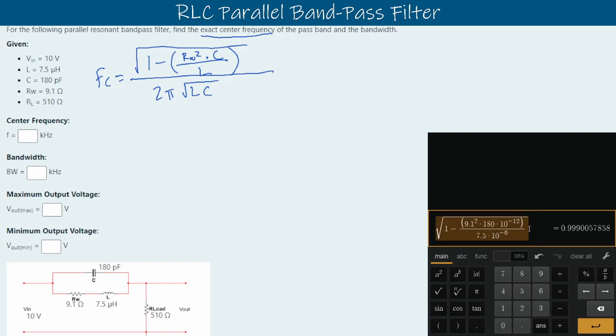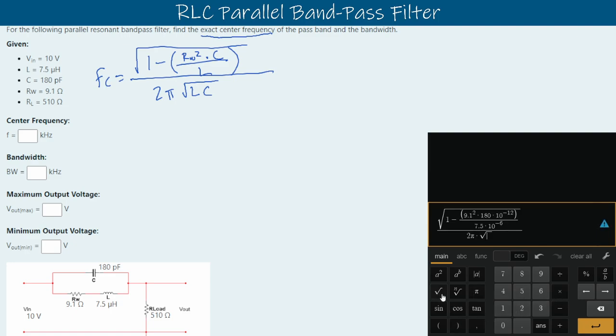And then after that, we'll go out to the outside of this square root equation and we'll do another divide, and that'll take that entire thing, put it on top, and then we'll put in our 2 pi times our square root of LC. So 7.5 times 10 to the negative 6, and then that is multiplied by our capacitor value of 180 times 10 to the negative 12.